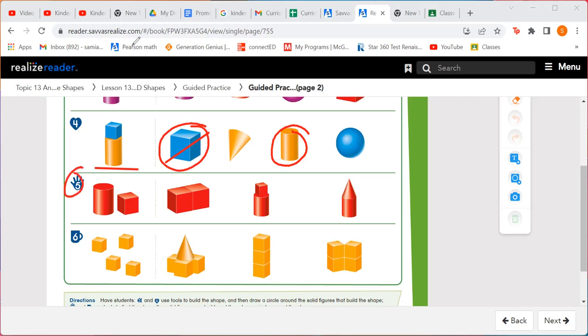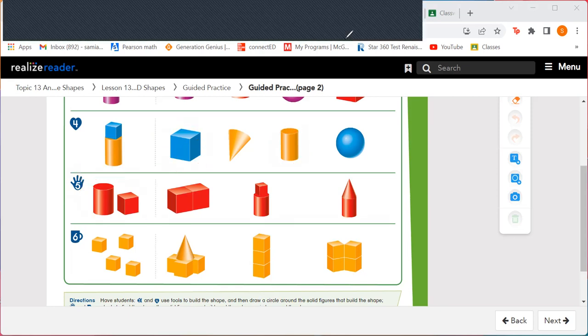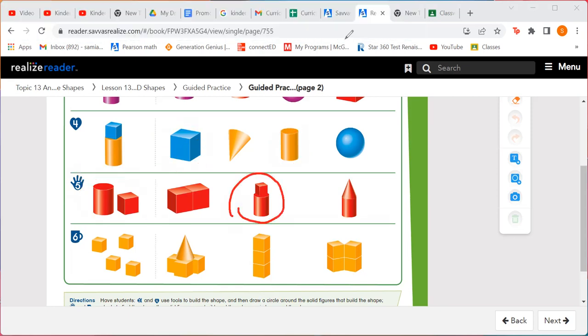What could you build with that, and which one of these were built by using those two shapes here? Which one? We have a cylinder and we have a cube. So what can you make using those two? Well, I see a cylinder and a cube that are stacked on top of each other.